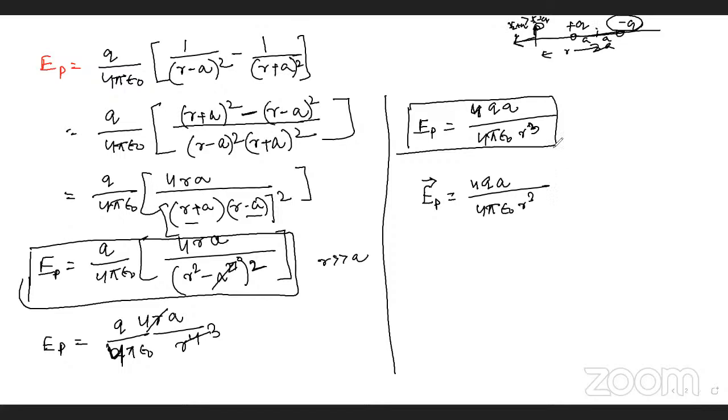That means it is along the direction of p cap, the dipole vector direction, from minus q to plus q, the same direction. So this is the electric field at a point on the axis of the dipole.